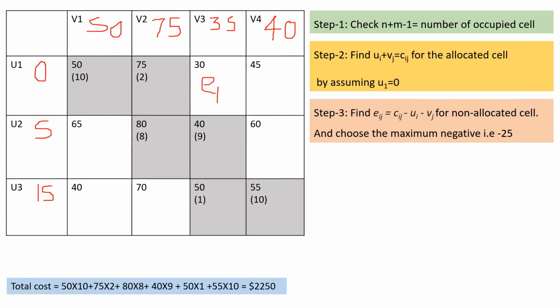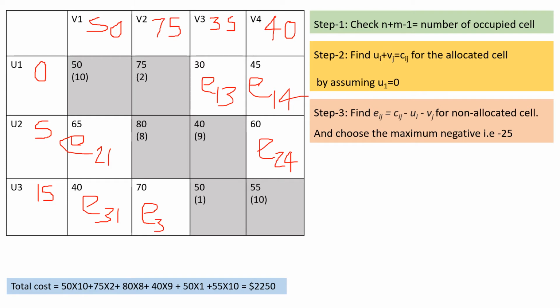This one is E13, and this one is E14, and this one is E21, and this one is E24, and the next is E31, and this one is E32.